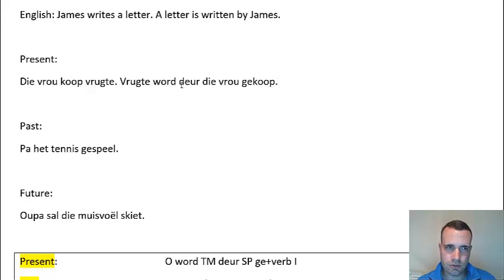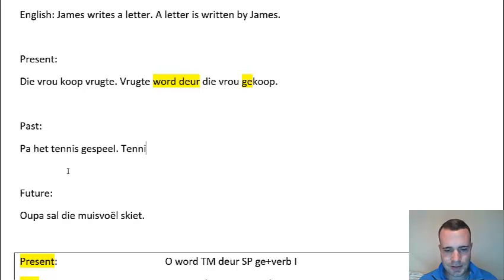Okay, word deur. So for present tense you use word deur, and you see you put a g on your verb. Okay, verb sits there at the end now, that verb 1. Okay, don't stress about it too much. I'm going to show you an easy way just to get this right every time. Past tense, pa het tennis gespeel. Dad played tennis.